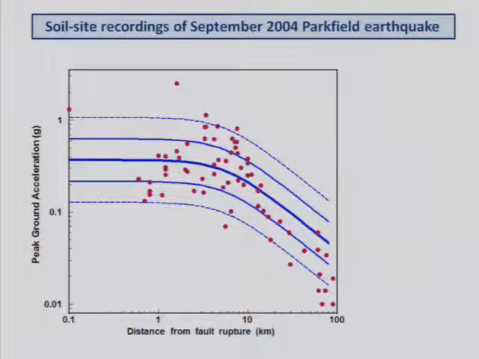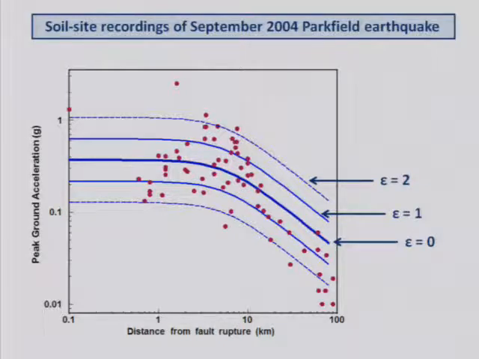These red dots are the soil site recordings of the Parkfield earthquake of 2004, and they're being compared with the Boore, Joyner, and Fumal equation of 1997, median values, plus 1 and plus 2 sigma. So that's epsilon values of 0, 1, and 2. And we can see there are data points outside the plus 2 and minus 2 epsilon.